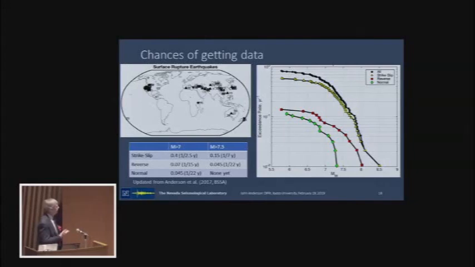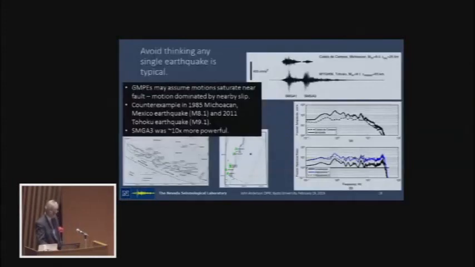So every time a large earthquake of this nature occurs and we don't get data, in a sense it's a setback for all of us who are concerned with the seismic hazard. We really need to be paying attention to more innovative ways to gather data from these earthquakes that are the most critical for the hazards in our urban areas.